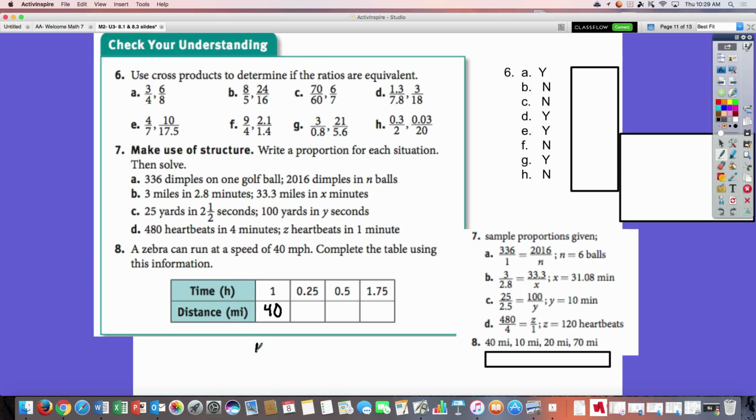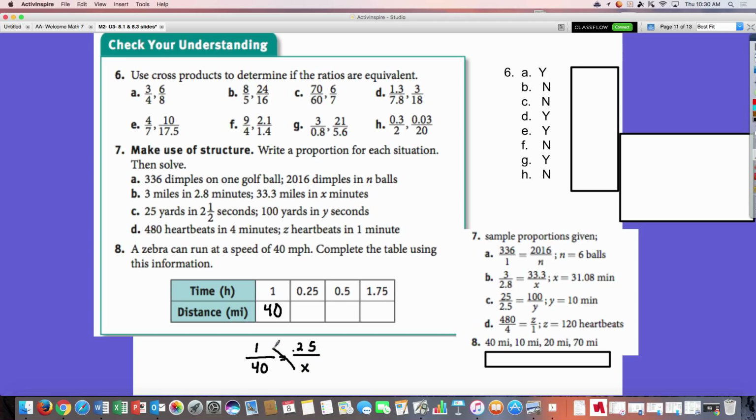I put time over my distance. And as long as I put time over distance here, so I put 0.25 over x, cross multiply. That's how I got the answers for that. Same here, cross multiply, solve for x, cross multiply, solve for x.